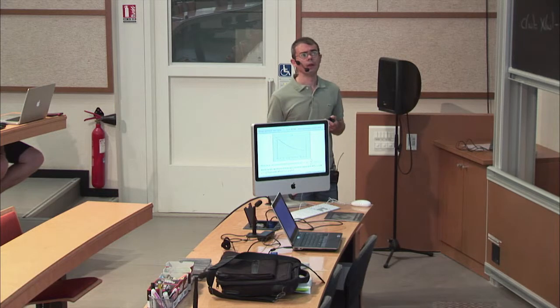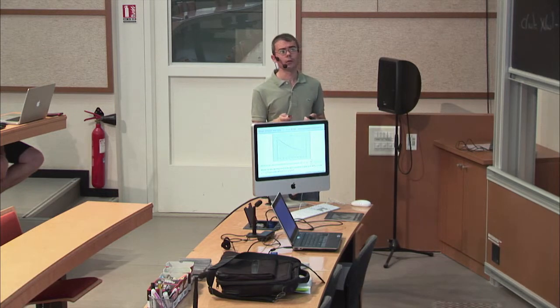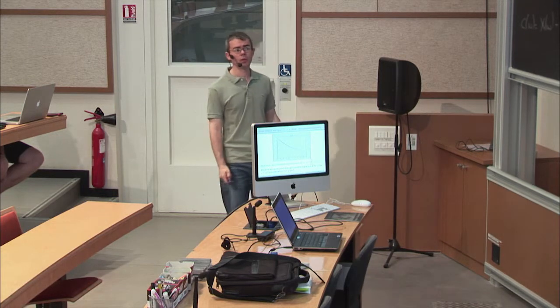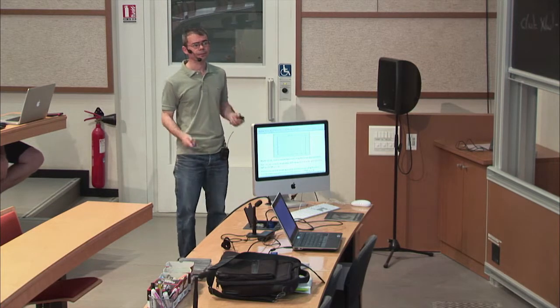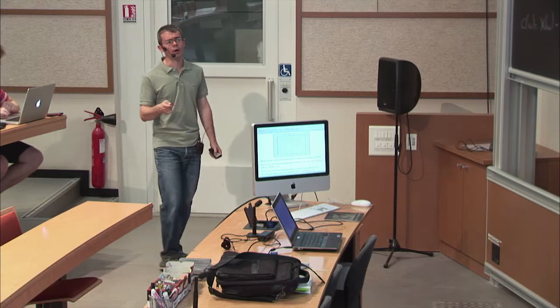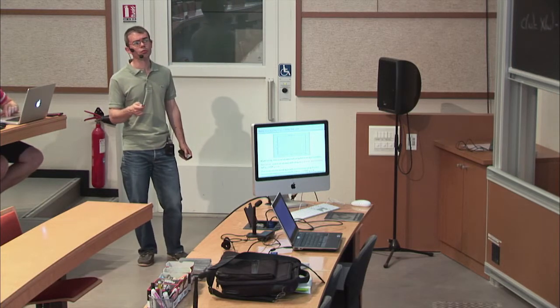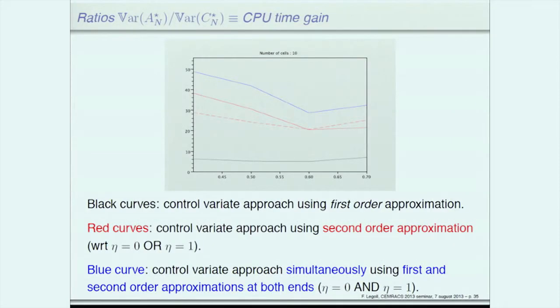All right. And in this regime where eta is close to 1/2, what I'm going to do is the control variate approach. So here is a zoom on the region where eta is close to 0.5, when you do the control variate approach.